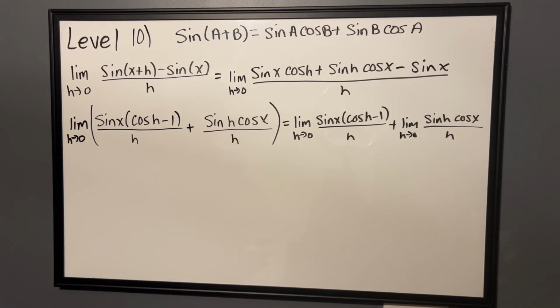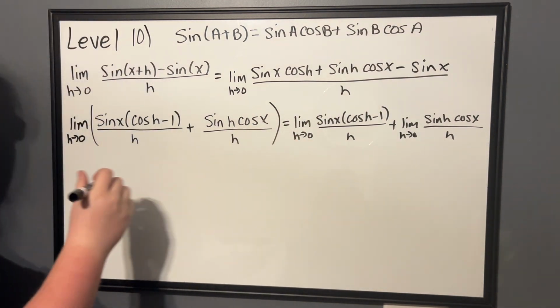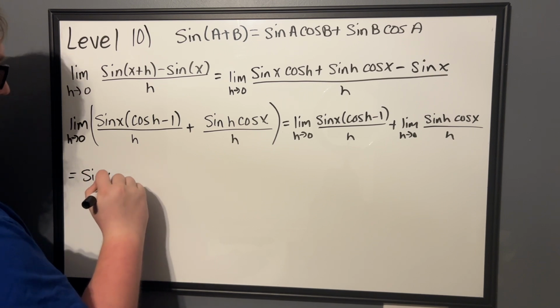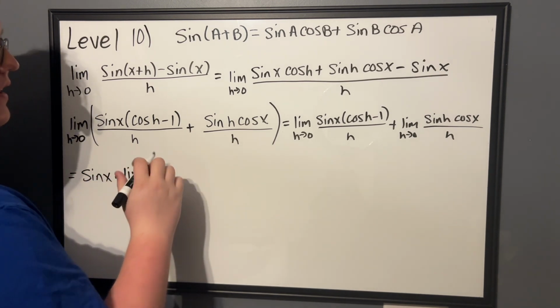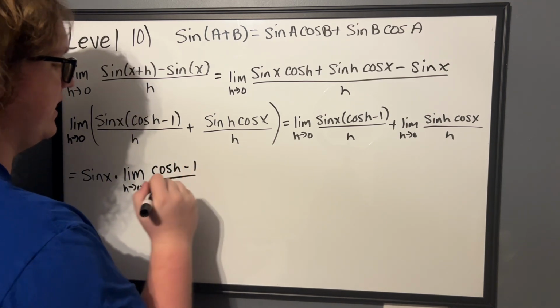So sine x in this case is just going to be a number, right? Sine x always outputs a number. So we're allowed to pull this out front of the limit. So what we have is sine x multiplied by the limit as h goes to 0 of cosine h minus 1 over h.